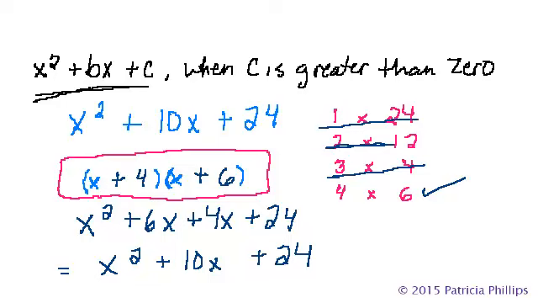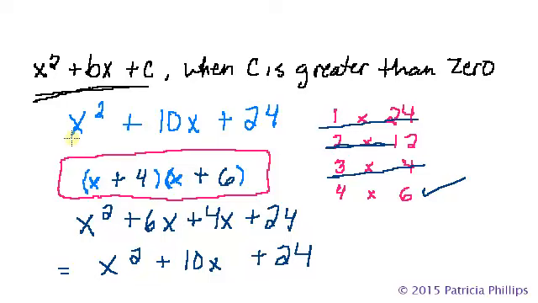Okay, so the first example that we see above is x squared plus 10x plus 24. You start by putting your parentheses right here as if you're going to multiply two binomials. This is not a perfect square trinomial, so instead of just writing a binomial squared, you're actually going to have to write two of them in expanded form.